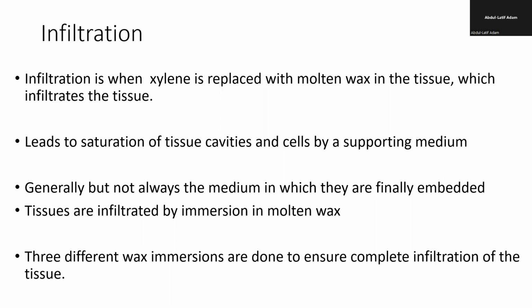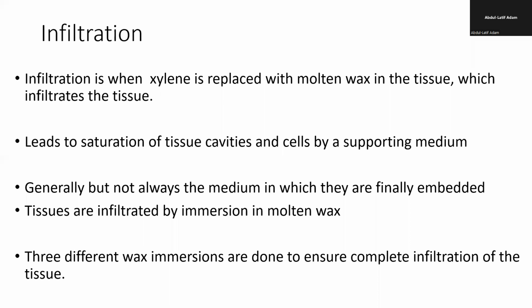So when you infiltrate and get rid of foreign materials that are dissolvable in the xylene, you get them all out of the tissue, and it creates spaces that need to be filled. You fill them with molten paraffin wax. This will fill up and saturate the space, and provide a supporting medium for the tissue.